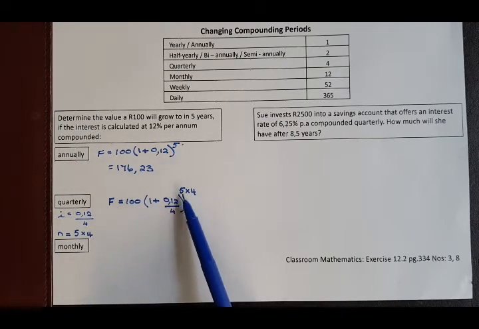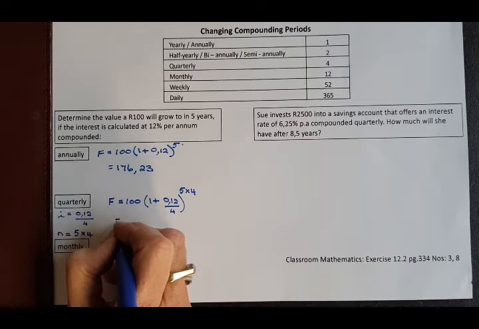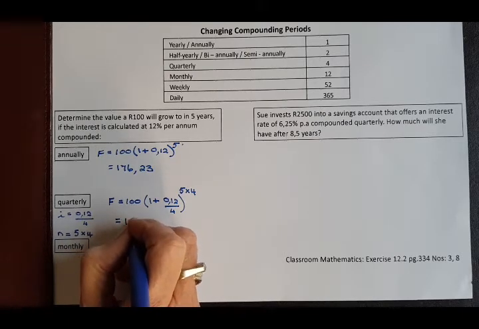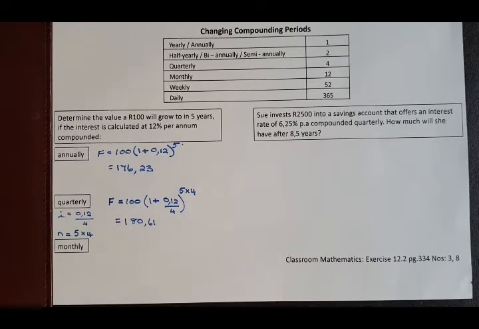But the number of calculations we do, 5 years, is multiplied by 4. So when we work that out, we have 100, 1 plus 0.12 divided by 4 raised to the power of 5 times 4, and our future value in this case becomes 180 Rand and 61 cents.